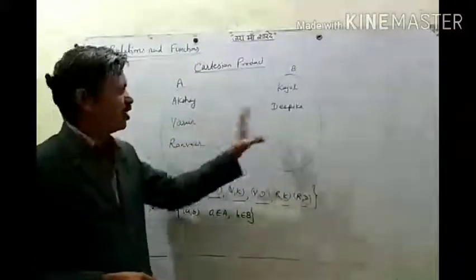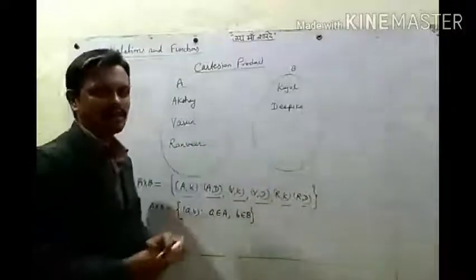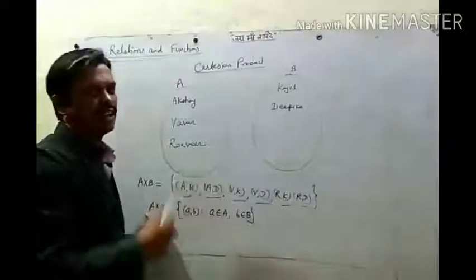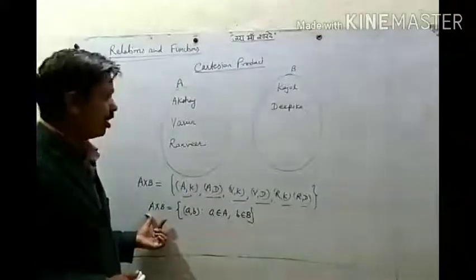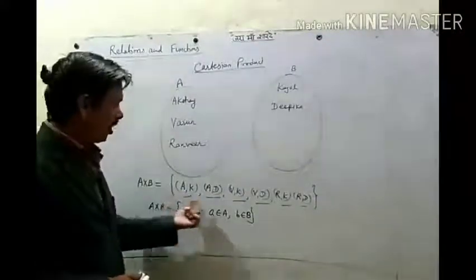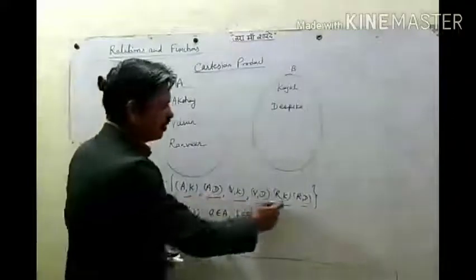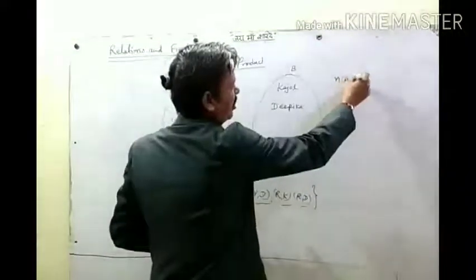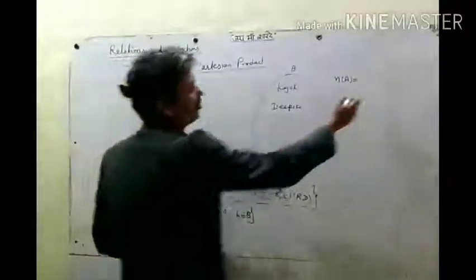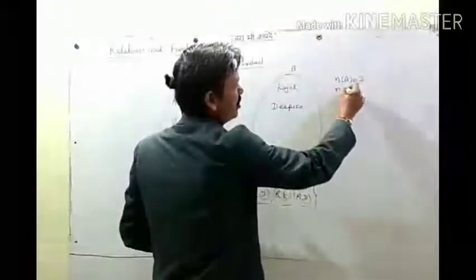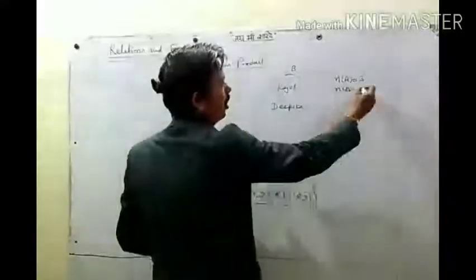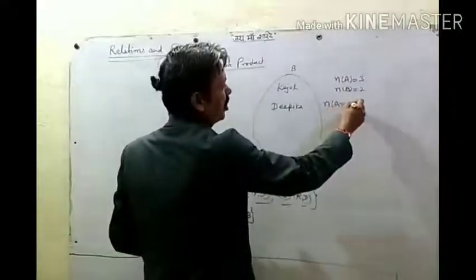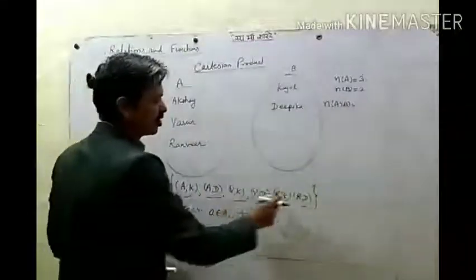If any one of the sets has infinite elements, then A cross B will have infinite elements. How many elements will this set A cross B have? 1, 2, 3, 4, 5, 6. Number of elements in set A is 3, number of elements in set B is 2, and number of elements in A cross B is 6.